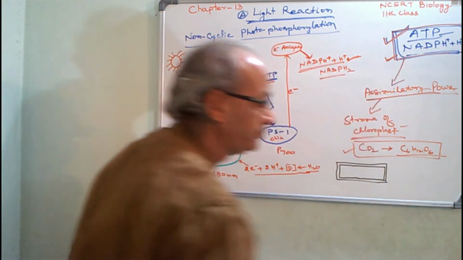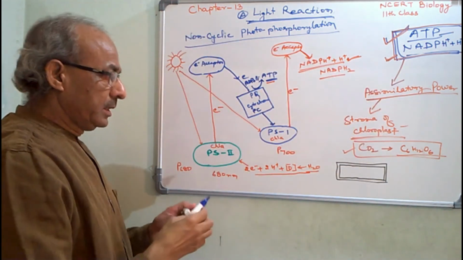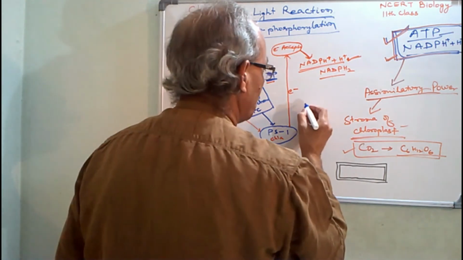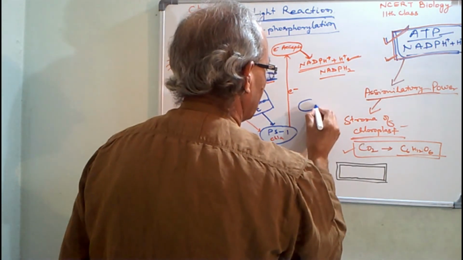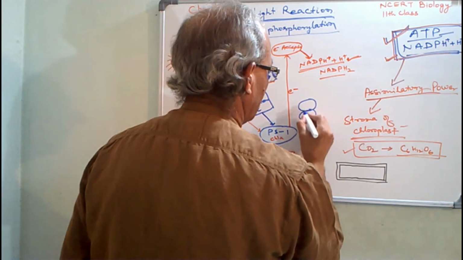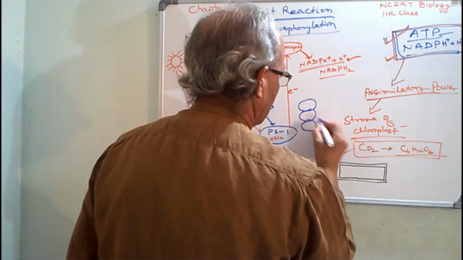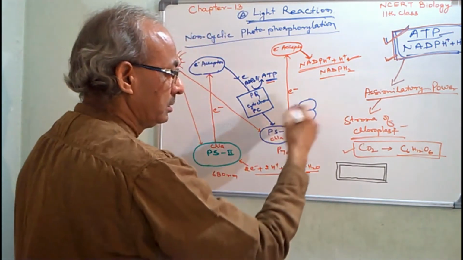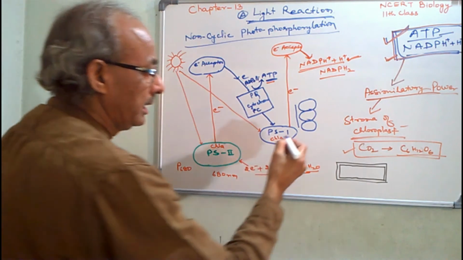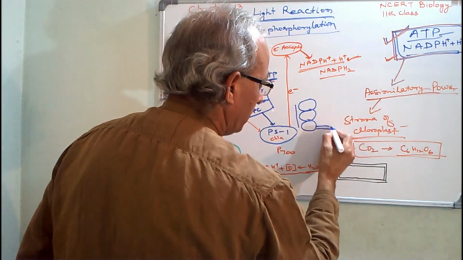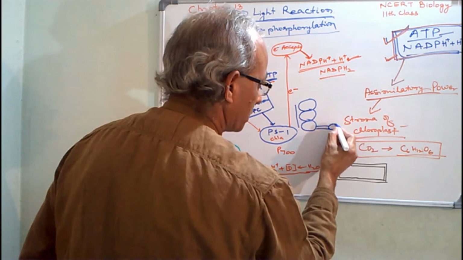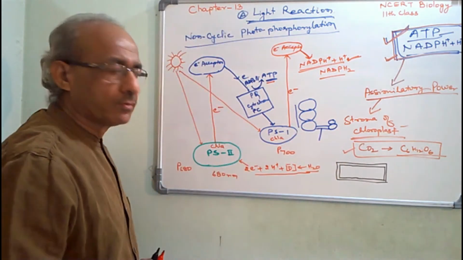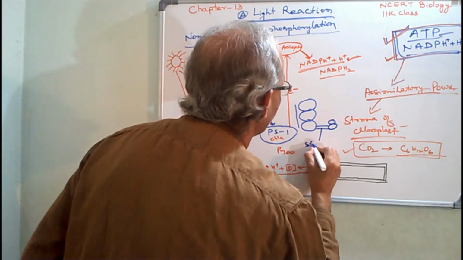But on stroma lamellae, you know, these are the thylakoids and this group is grana, and thylakoids are interconnected by membranous tubular structures in the chloroplast, and this is called the stroma lamellae.